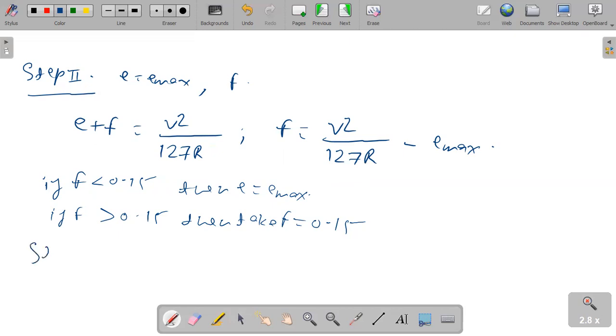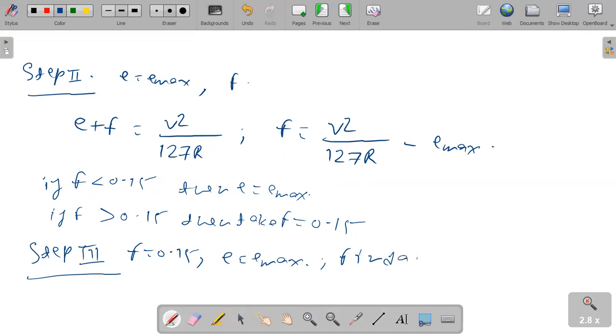And step third: here take F is equal to 0.15 and take E is equal to E max. Here we need to find the actual velocity.